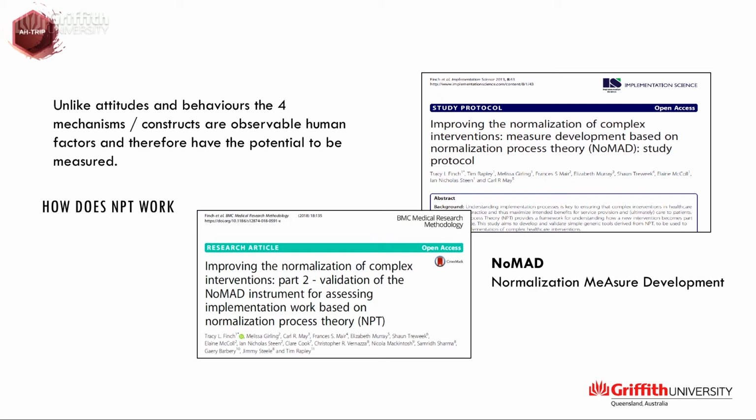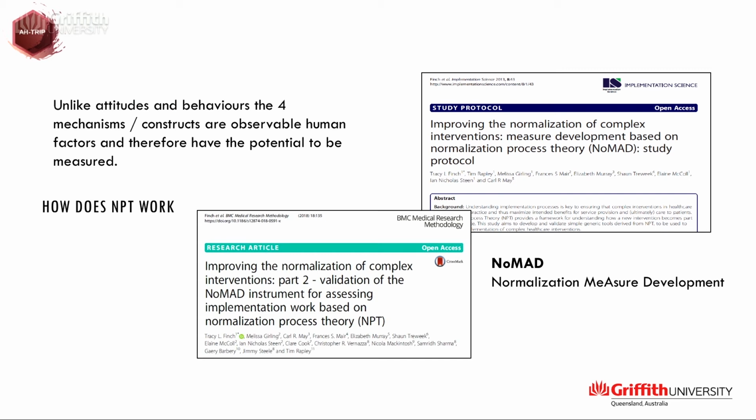So with NPT, traditionally it's mainly a qualitative research approach, but in the last few years, the normalization measure development or NOMAD tool has been developed. And unlike some of the other models or frameworks that you may have seen, it's not so much about the attitudes and behaviors. It's more about these observable human factors that we're looking at from those who do the work of implementation and therefore have the potential to be measured.